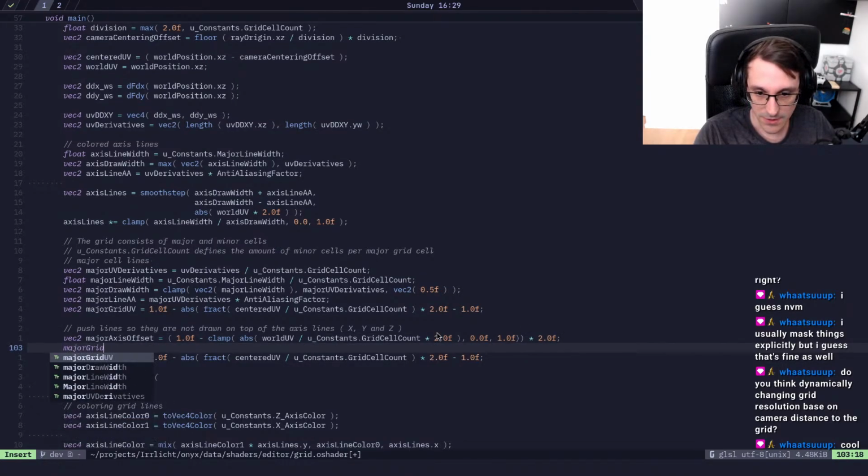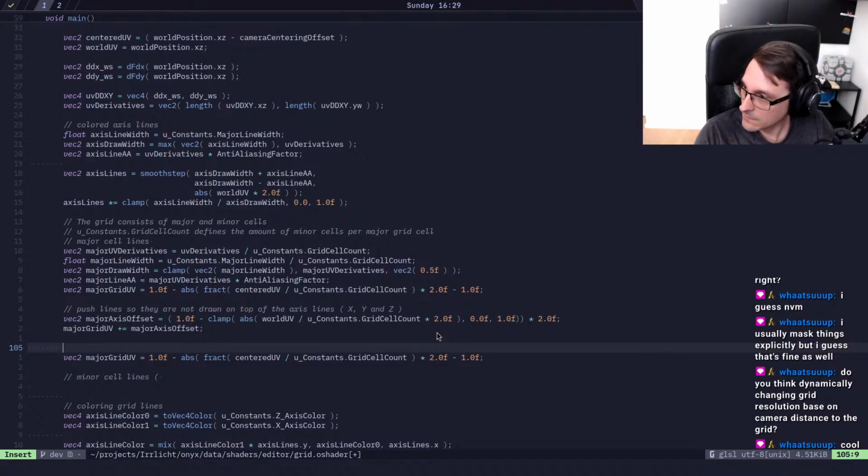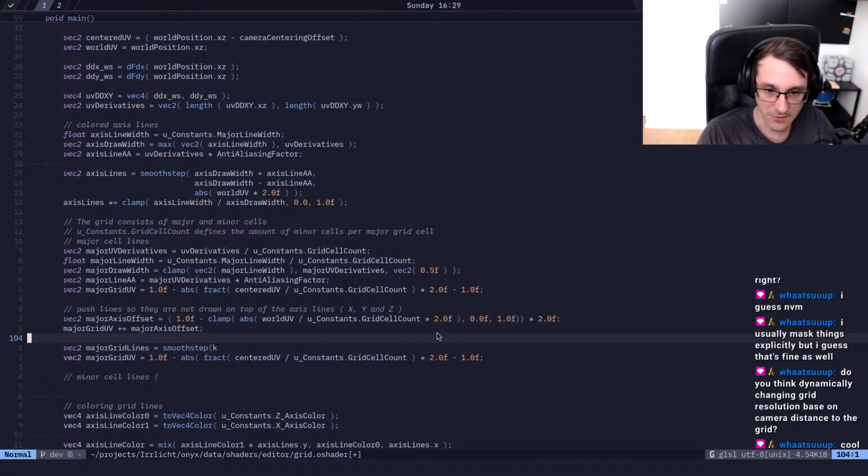The major grid UV plus equals this one. And then we have our major grid vectors, I guess, which is a smooth step, and that's very similar to what we have here, right?